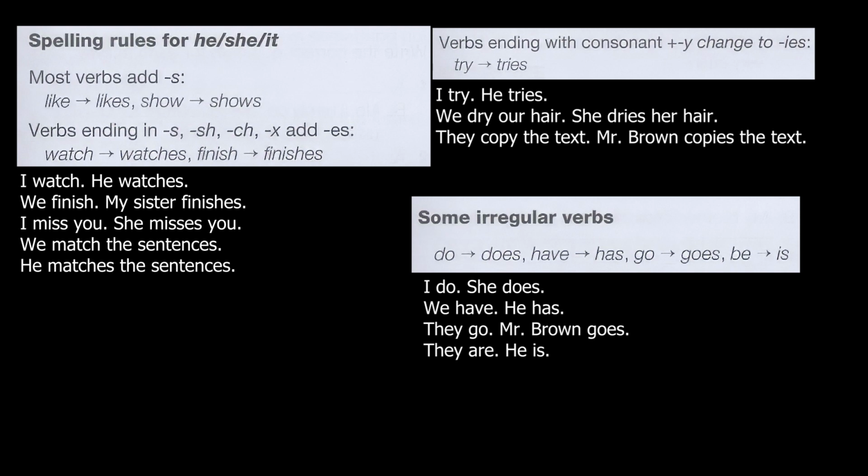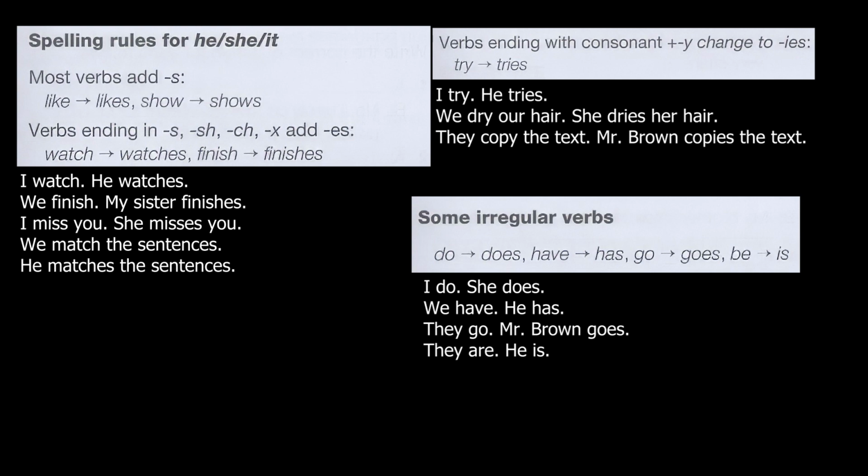Let's have a look at spelling rules for he, she, it. Most verbs, we just add s at the end. It's okay, like likes, shows, and so on. But everything isn't so simple. Verbs ending in s, sh, ch, and x, we add es at the end.